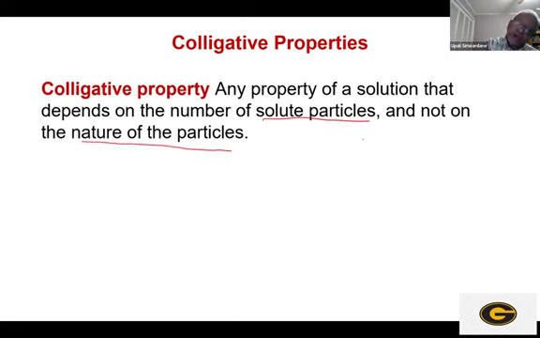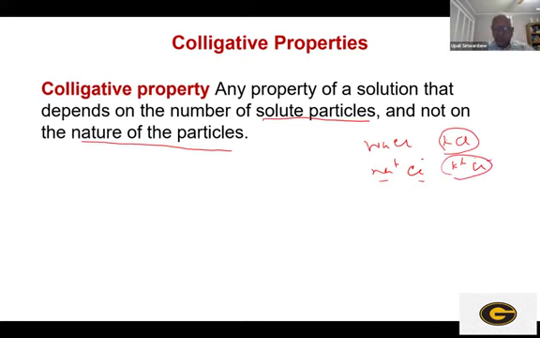That means if you have sodium chloride or potassium chloride, there are two ions in each. A 1 molar solution of potassium chloride and sodium chloride has the same number of particles.